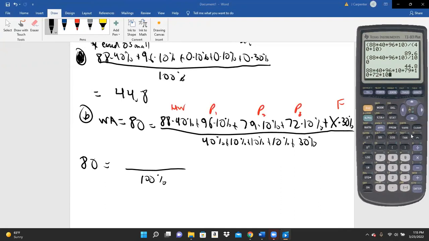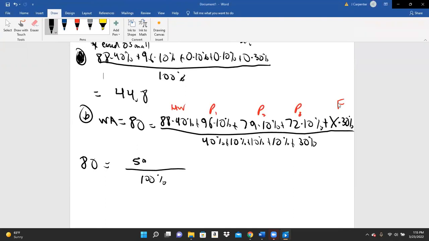Let me check my numbers. 88, 40%, 96, 10%, 79, 10%, 72, 10%. Now I don't add up the X part because it's not a like term, so that's 59.90. But then we still have the plus the 30% times the X. This is an algebraic equation that we have to solve.